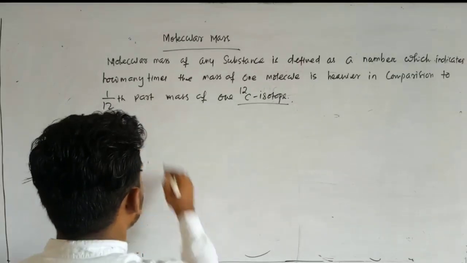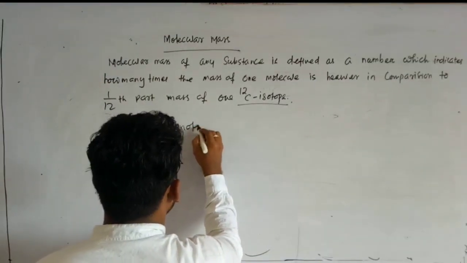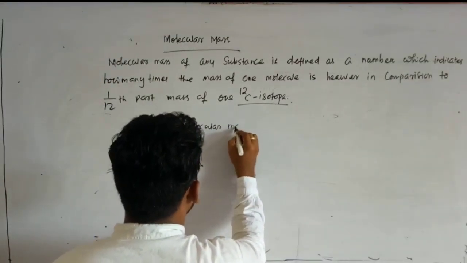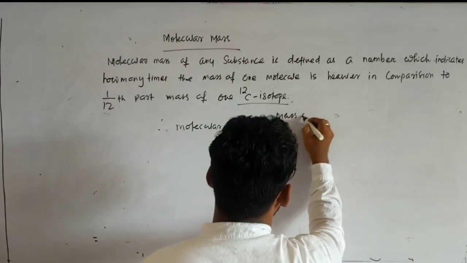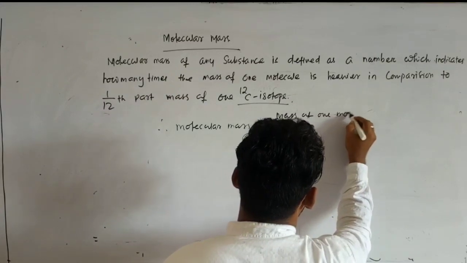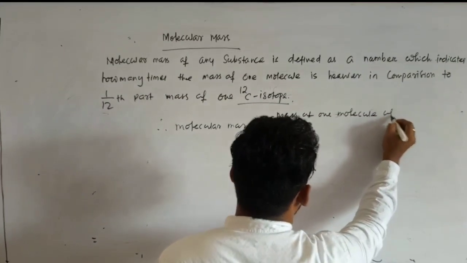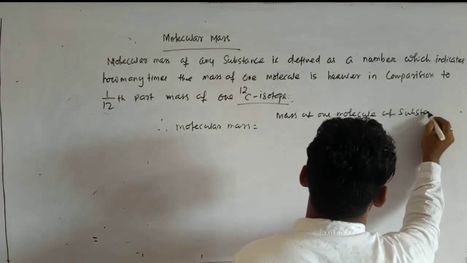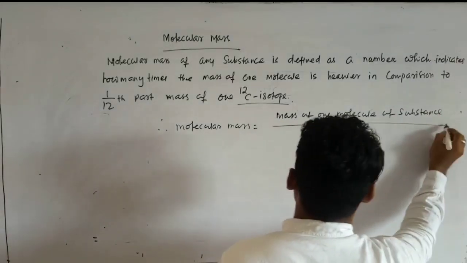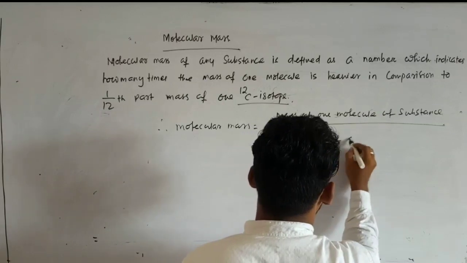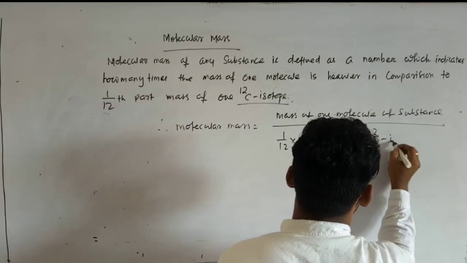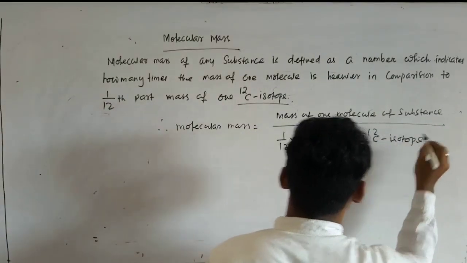Okay, so simple. So molecular mass is equal to the mass of one molecule of the substance divided by 1/12 into the mass of one C12 isotope.